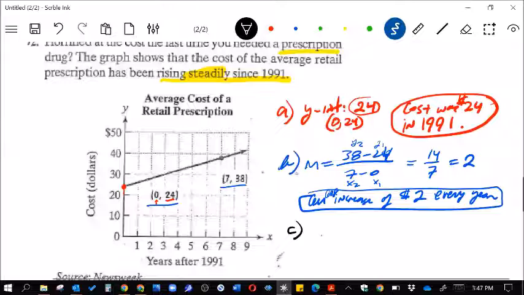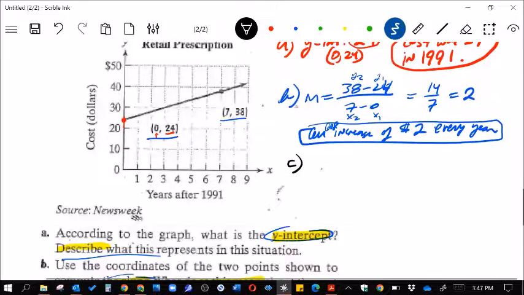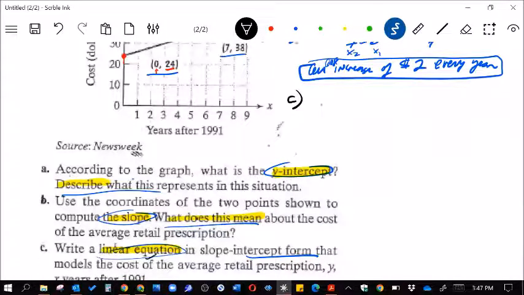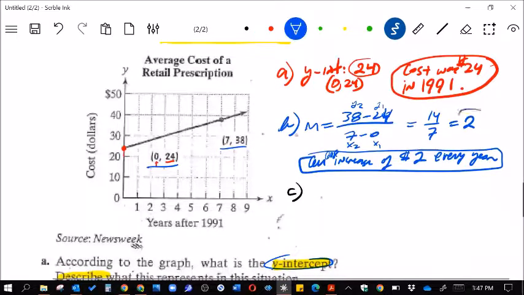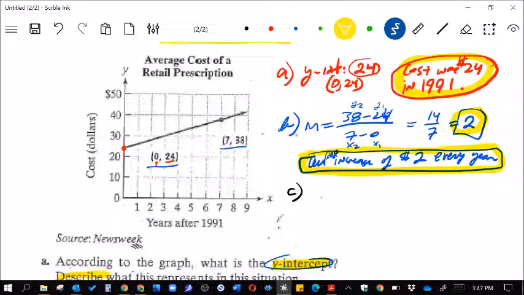Now for C, we want to make the equation. So for this one, it's to write the linear equation. Oh, and in fact, I need to circle that as well. So in the first one, the cost was that amount. In the second one, we found the slope and stated what it means. And now we have to make an equation. Well, the equation is y equals mx plus b. We already know the slope, 2x plus b.